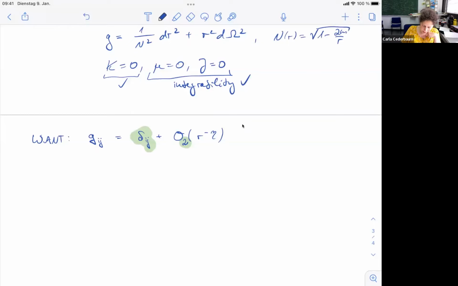So I will do that by saying that x1 should be r cosine theta, cosine phi, and so on, just like I would transform from spherical polar coordinates into Cartesian coordinates in Euclidean space.